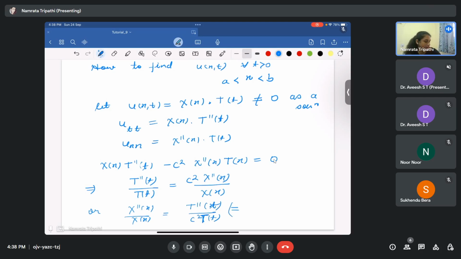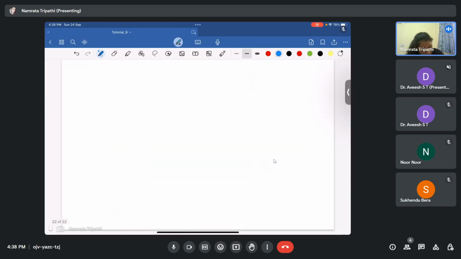We can consider this as a lambda constant, and after taking this with this expression, you will get one equation. From here you will get X(x), from here you will get T(t), and after using the initial condition you will get the expression for X(a) and X(b) like this.